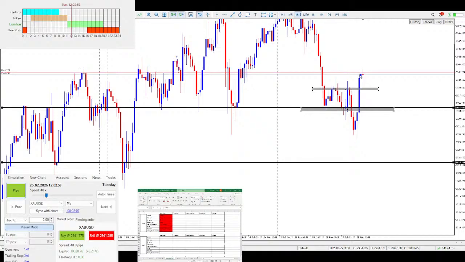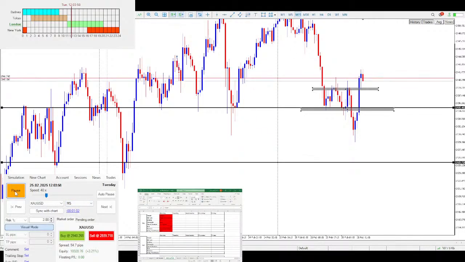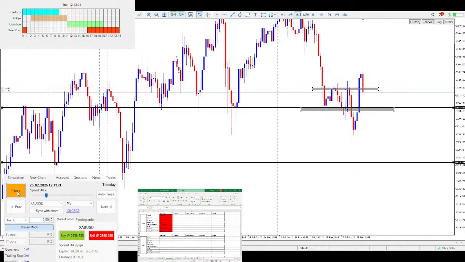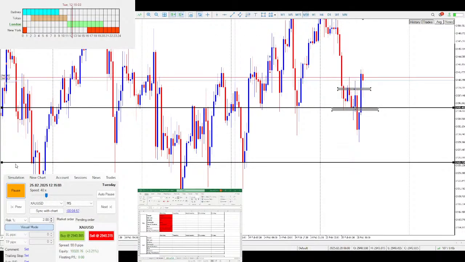Okay, this candlestick closed as not a strong bullish candlestick. So it's waiting time.